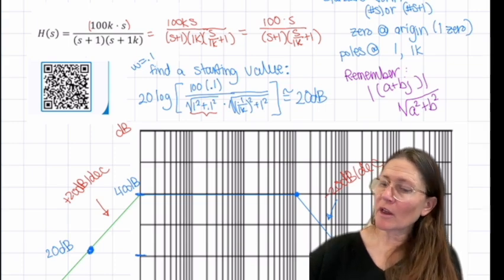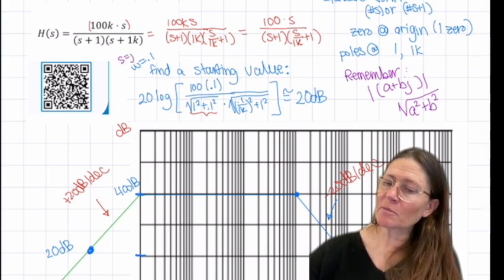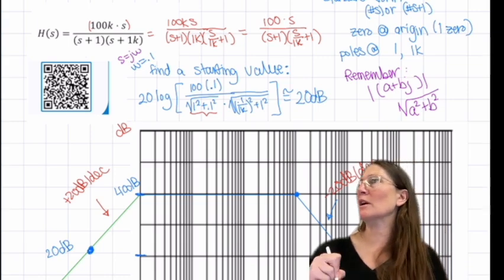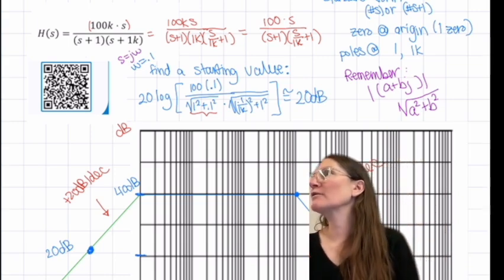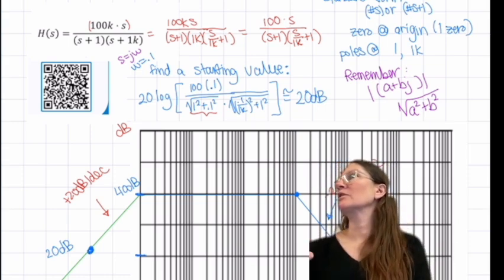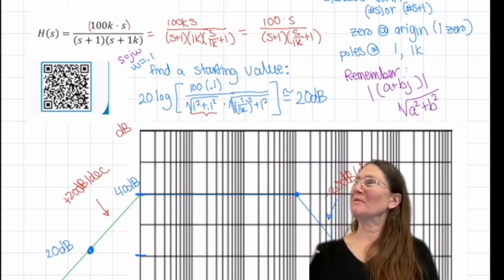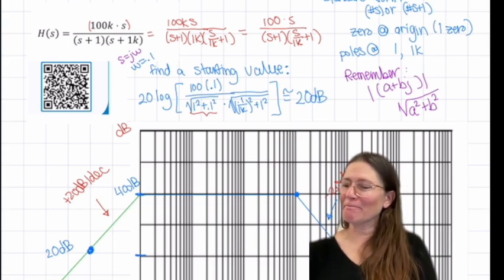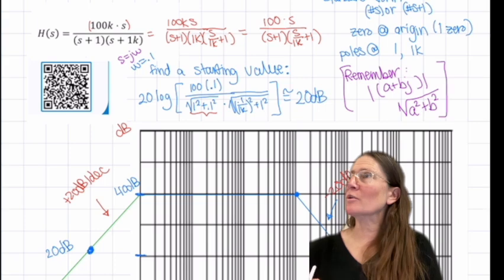So to do that, you plug in s equal to j omega to find that frequency graph. Make sense? Okay. All right, any other questions?